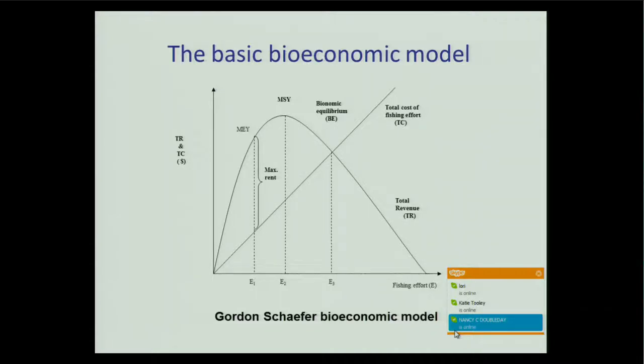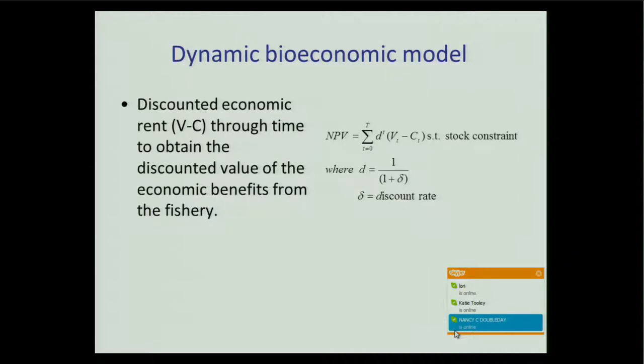But this is static. So if you want to go dynamic, which you really have to if you're talking about fisheries, because they are renewable, right? What you do today will have consequences for you tomorrow, good or bad. So you need a dynamic model. And in general, this is the equation we try to maximize in economics. It's not very different from the static equation I showed you.